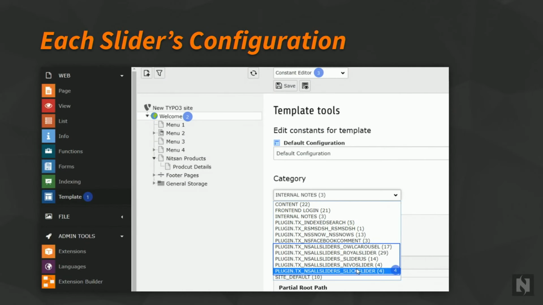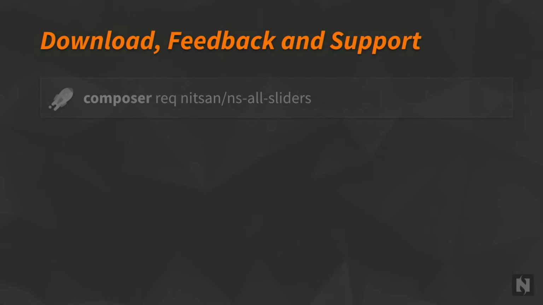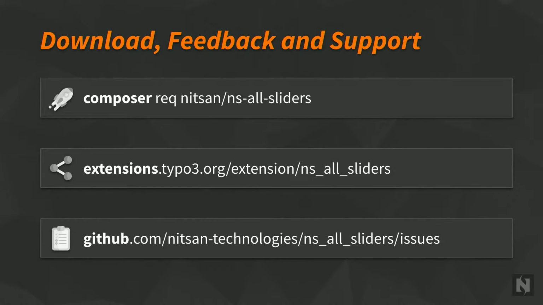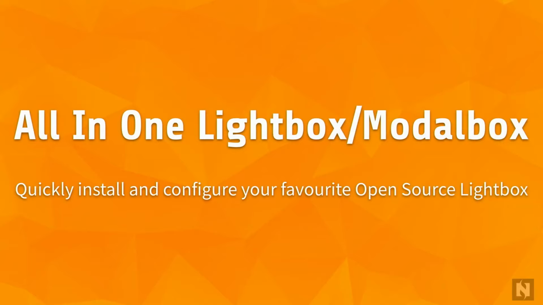For customization, we have added constants, so each and every slider has its own properties to handle the slider. So you can configure from here. Again, you can download from Composer, TER, and get support at GitHub. I will share this slider, so you don't need to.